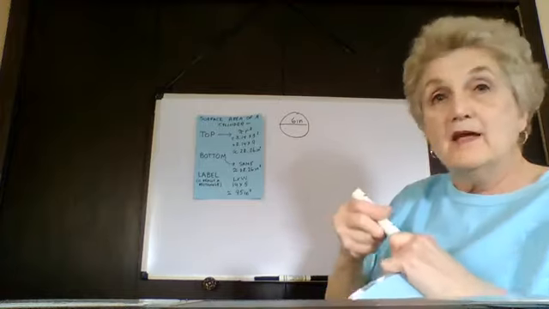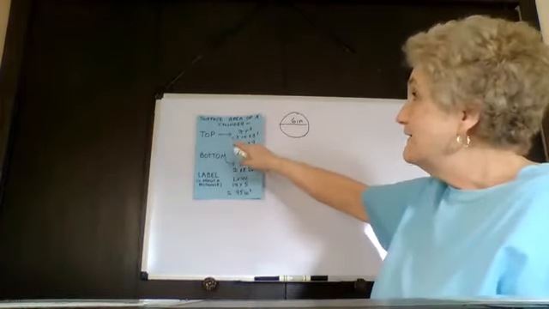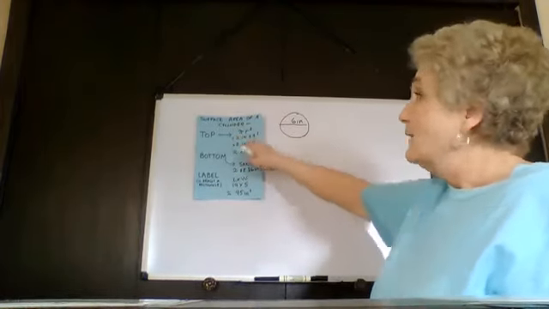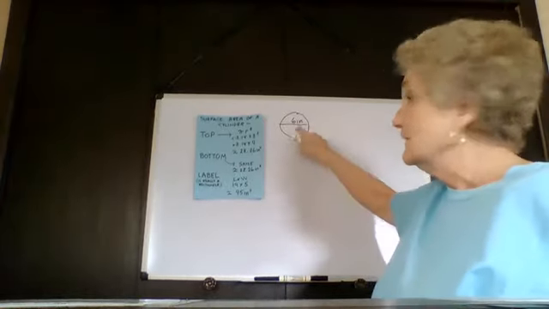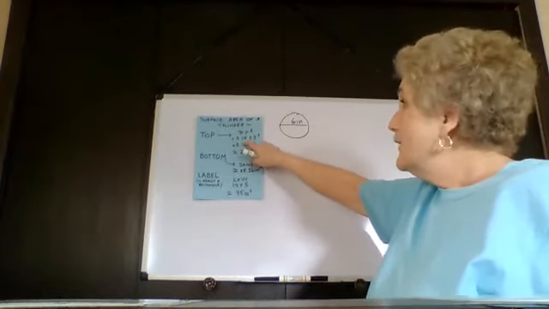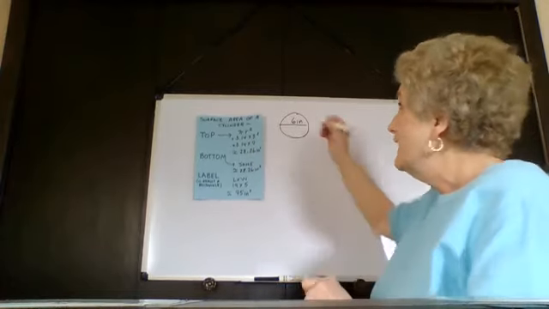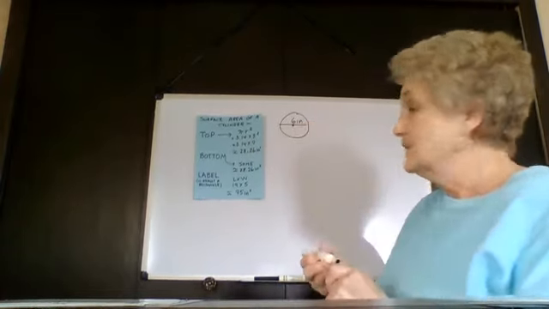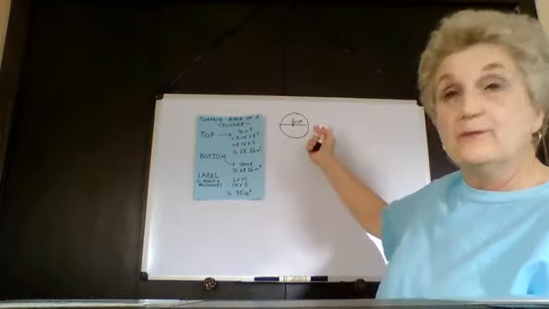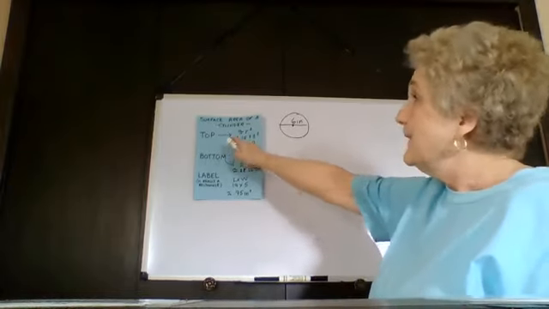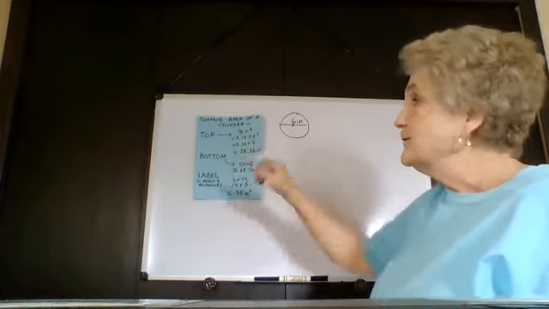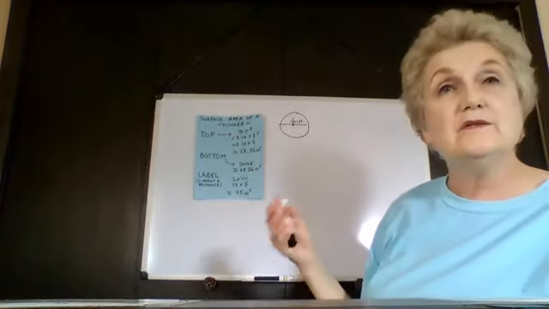If I'm going to find the area of the top, I would use the formula for the area of a circle, because that's a circle: 3.14, which is pi, times r squared. Remember what r is: half of the diameter. So I would take half of 6, which is 3, and 3 squared is 9. 3.14 times 9 is approximately 28.26 square inches.